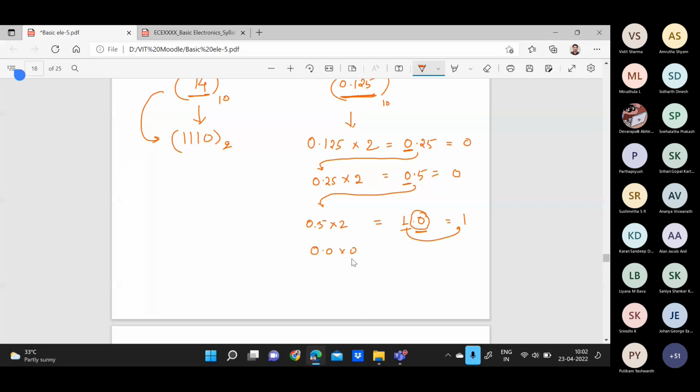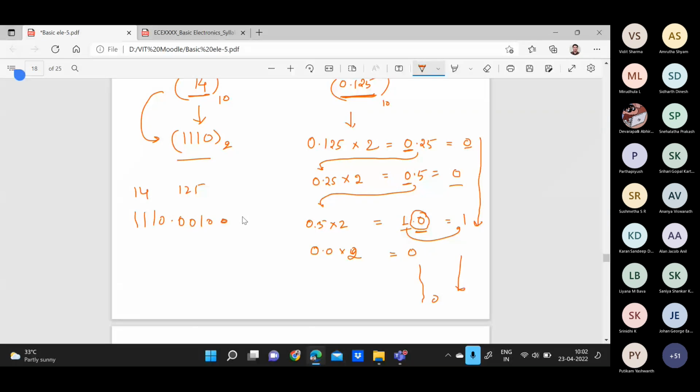So from top to bottom, you have to note down the values. For 14, we already wrote 1110. Now for 0.125, the value will be 001, and the rest of the values are also 0. You can write 000 and so on.